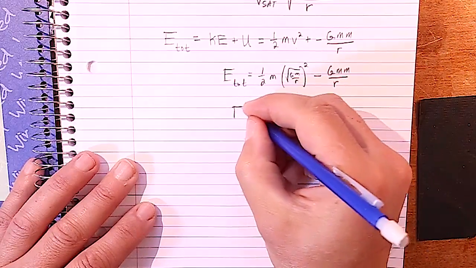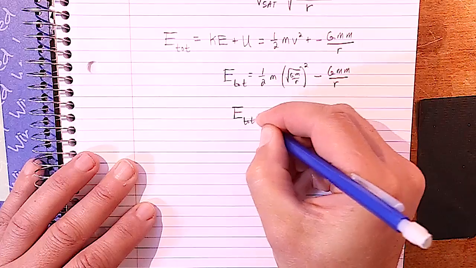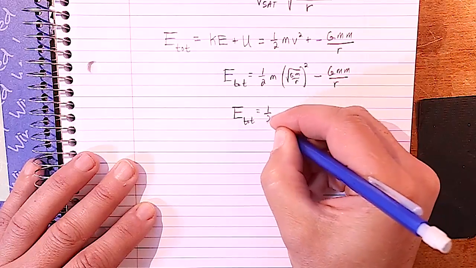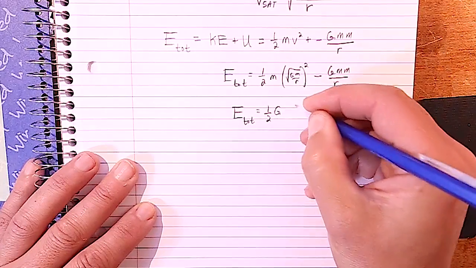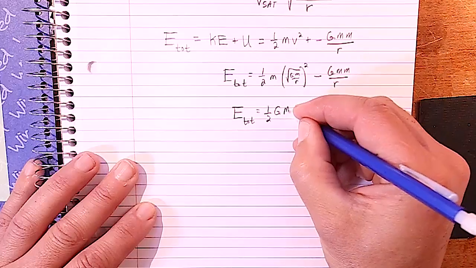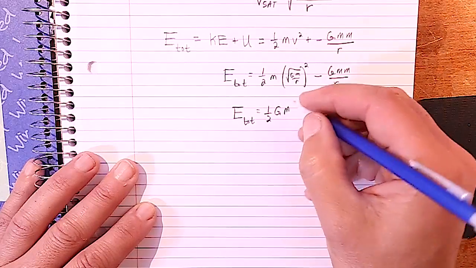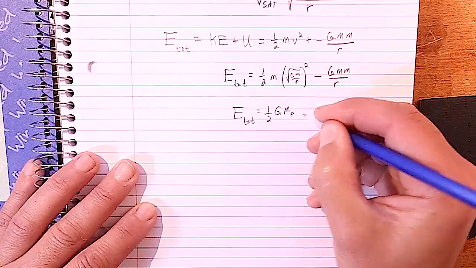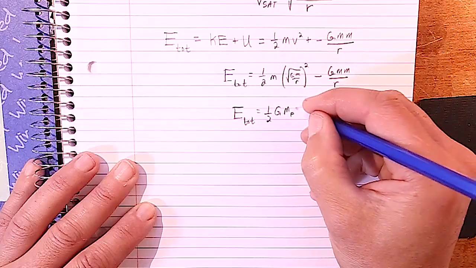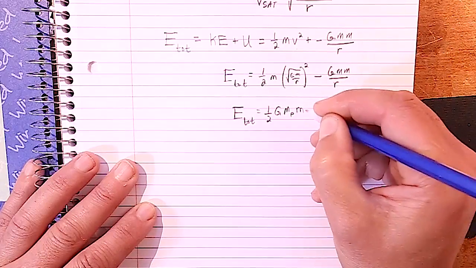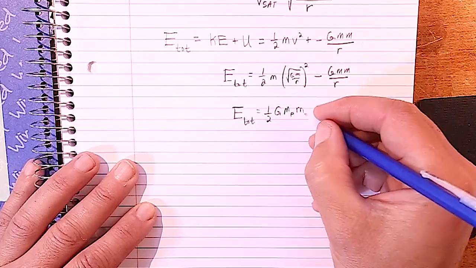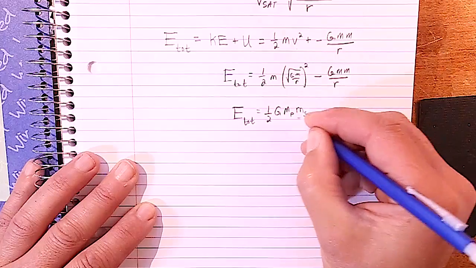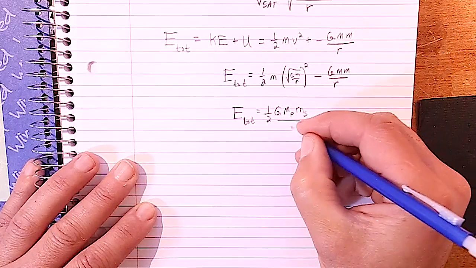And we can rewrite that as E total is equal to 1/2, pull out the G, mass of the planet, and let's do this for the sun. So we have mass of the planet, and then the mass of the sun that it's orbiting around.